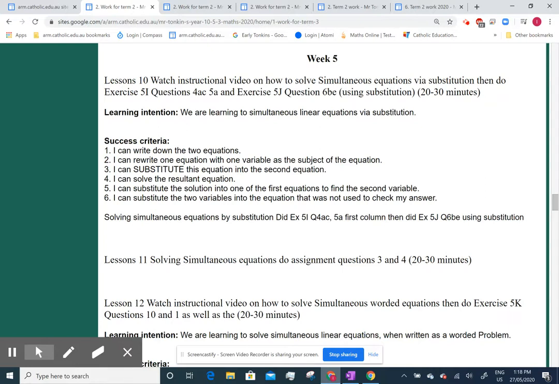Once you're there, it's pretty easy. I can substitute this equation into the second equation. I can solve the resultant equation, and I can substitute the solution into one of the first equations to find the second variable. Finally, I can substitute the two variables into the equation that was not used to check my answer.